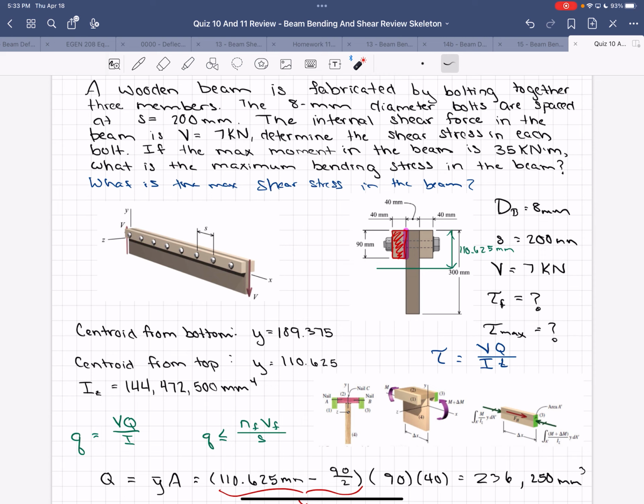So where does the max happen? At the centroid, right. They always draw that cool little bullseye for the centroid. If this is the centroid, then what area would you use for Q? 40 times what?